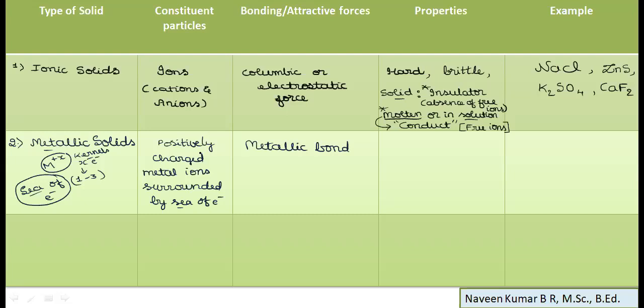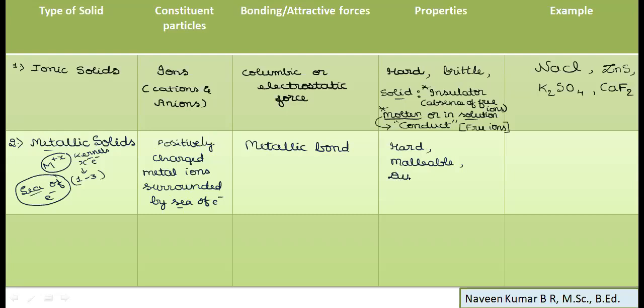Considering the important properties of metallic solids, as the mobile sea of electrons surrounds the metal ions, all metallic solids are very good conductors. All metallic solids are hard, and they are malleable, that means they can be drawn into thin sheets.